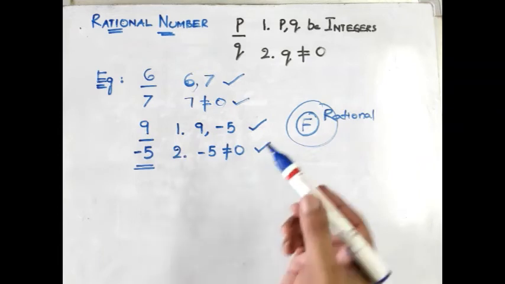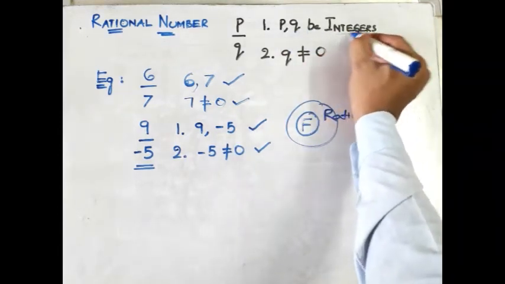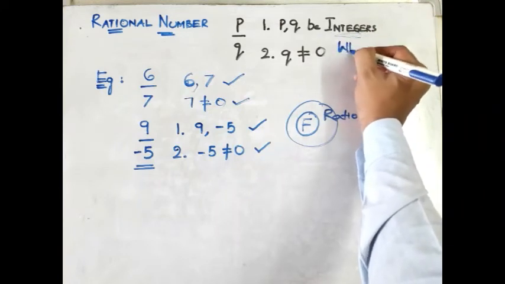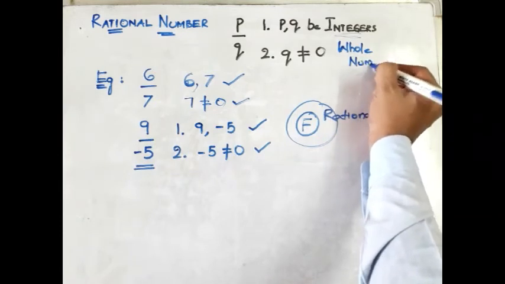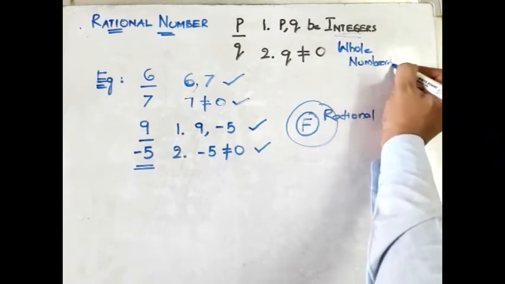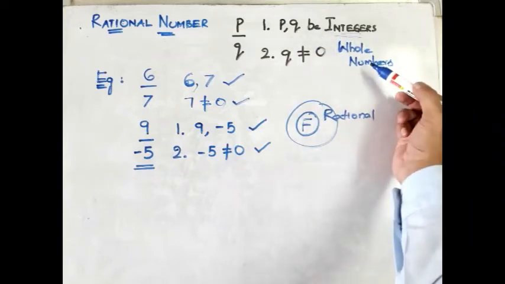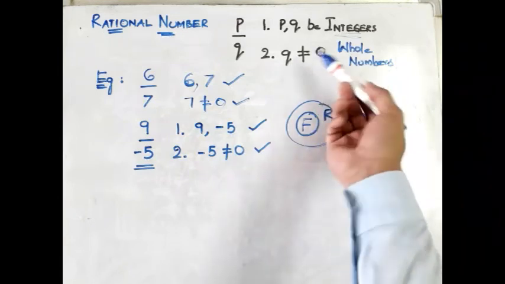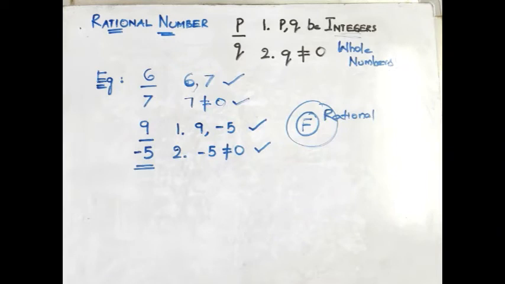If we want to write the fraction definition using this, instead of integers you have to take whole numbers. That is the difference. Hope you are clear with the difference between a rational number and a fraction. If p and q are whole numbers, then we will call that a fraction. And this will be common for both, because anything divided by 0 does not exist.